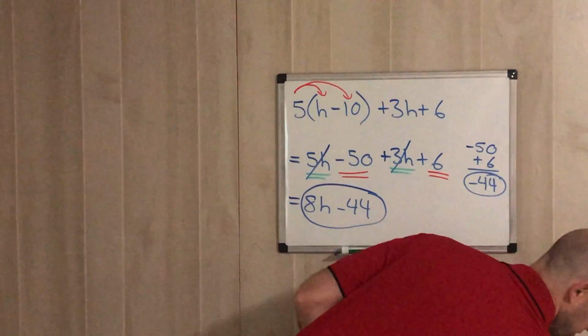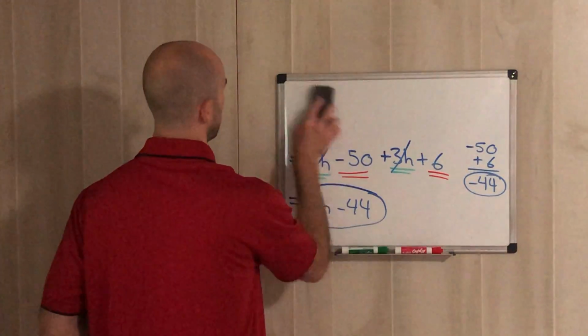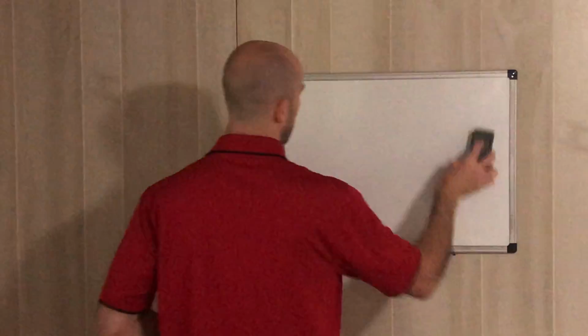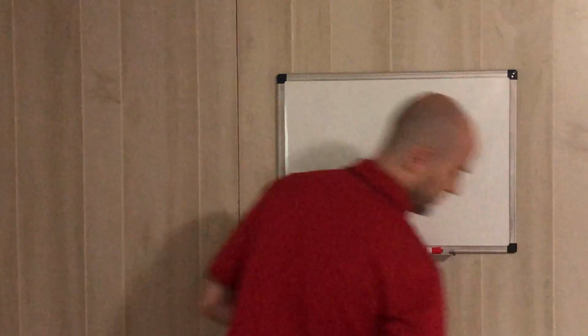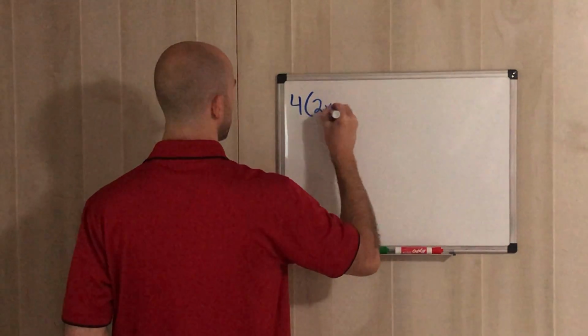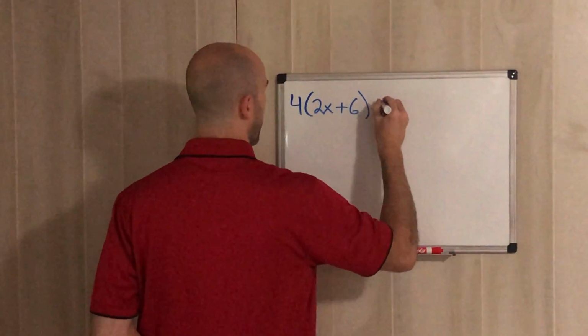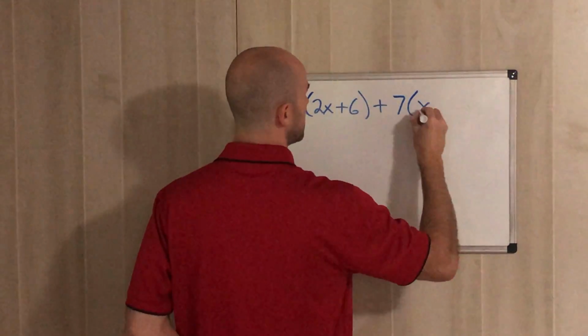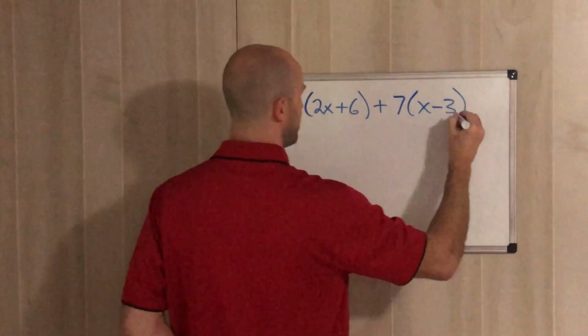And one more, guys. This is just to guarantee that you guys know it, and I'm pretty sure you guys all know it already. But I just wanted to guarantee that you guys did. We have 4 times (2x plus 6), right? Plus, then we have 7 times (x minus 3), right?